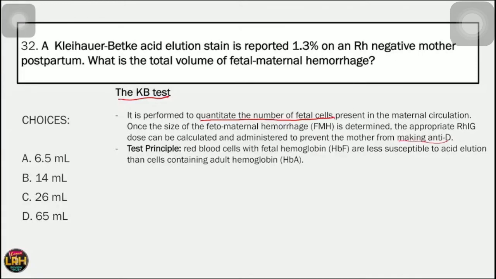The test principle is that red blood cells with fetal hemoglobin are less susceptible to acid elution than the cells containing adult hemoglobin.